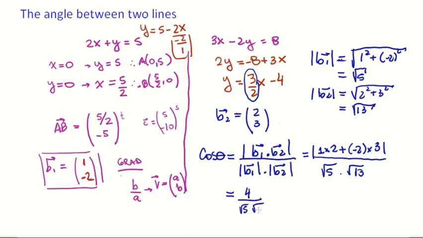If you're allowed a calculator, just leave them here, because now theta will be the arc cosine, or the inverse cosine if you prefer, of 4 over root of 5 root of 13. If you put that in your calculator, you should have a value of approximately 60.3 degrees. Alright, and there you go.